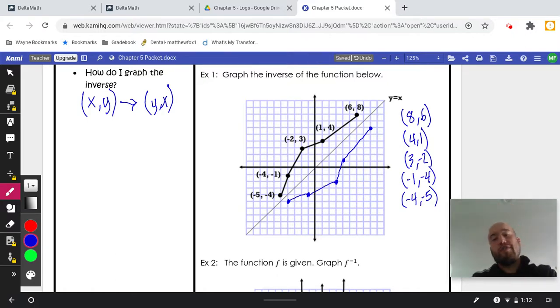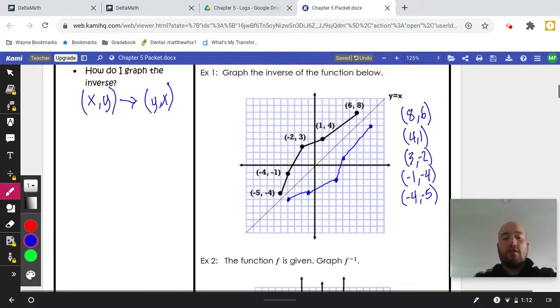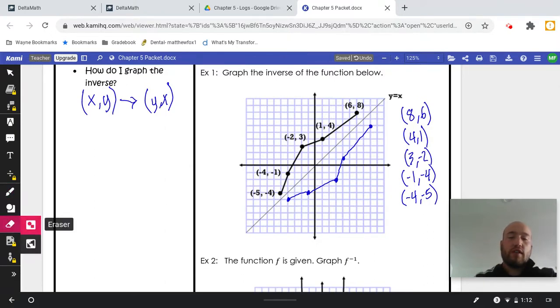And hopefully you notice, if you turn your head to the side, that obviously I made a little bit of human error in this area, but it should look like a reflection over the line y equals x, which makes sense because our y's and our x's switch, so it causes it to reflect over that line.